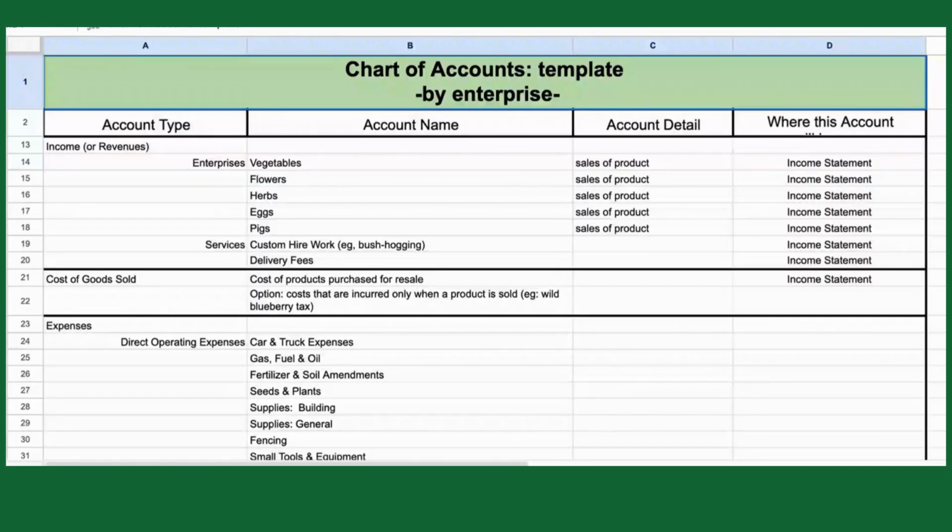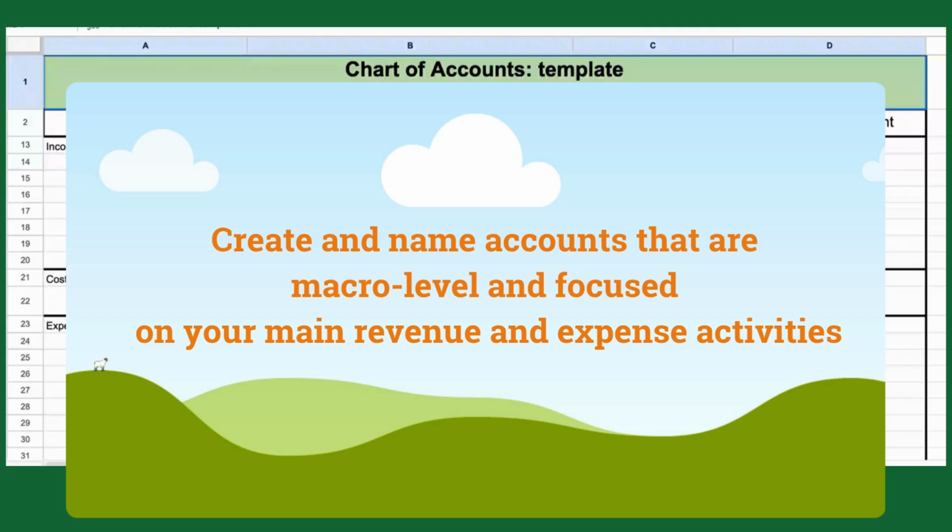Now, another strategy here is create and name your accounts to capture enough detail, but not too much, such that you can readily distinguish your main overarching revenue and expense streams in a way that makes sense to you. Your chart of accounts should be a macro level list, not full of minute details or items. You don't want to have an account for every vegetable or every cut of meat or every customer in your chart of accounts.